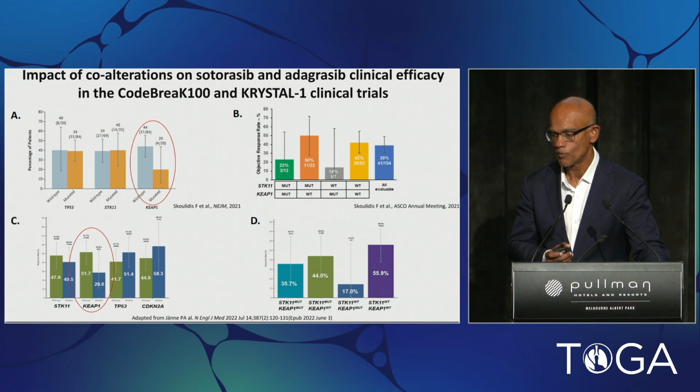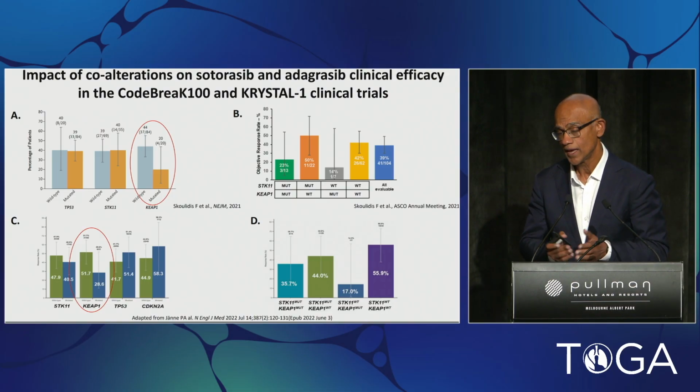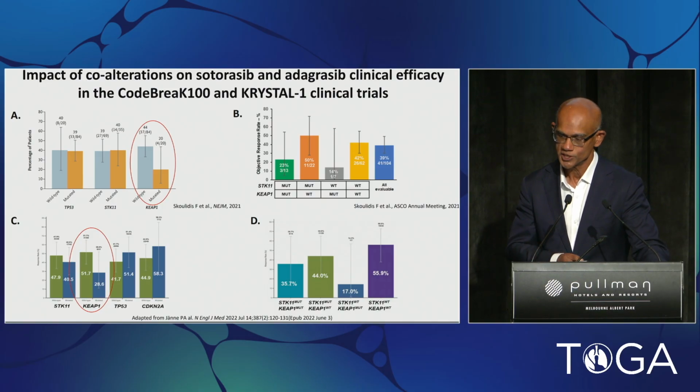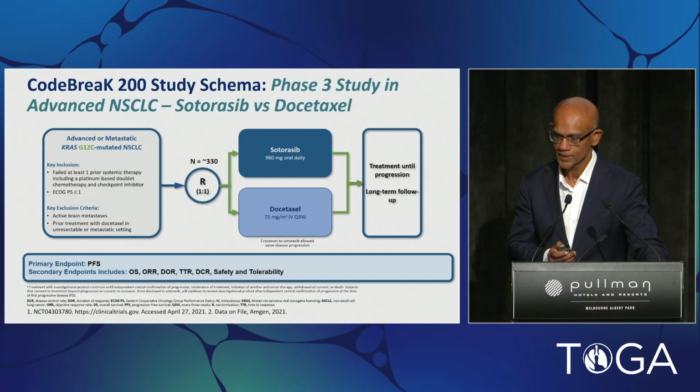I think P53, STK11, and KEAP1 are the common co-mutations we see, and some of these, in particular KEAP1, may be potentially important modifiers of response and prognosis in the context of treatment with G12C inhibitors, and I think we're going to see some data indicating the importance of KEAP1 in particular emerging over the next few months.